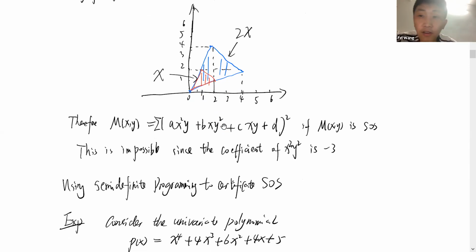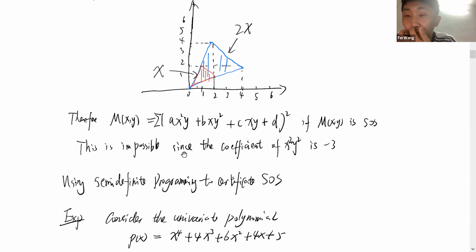So if the Motzkin polynomial is a sum of squares, then we can write M(x,y) as the sum of (a x^2 y plus b x y^2 plus c x y plus d) squared, where x^2 y, x y^2, x y and d are all in this red triangle.